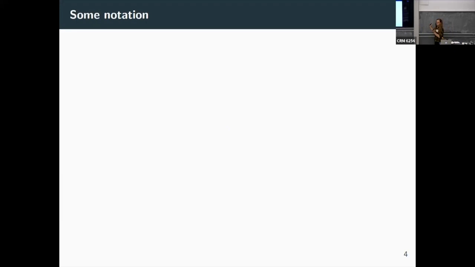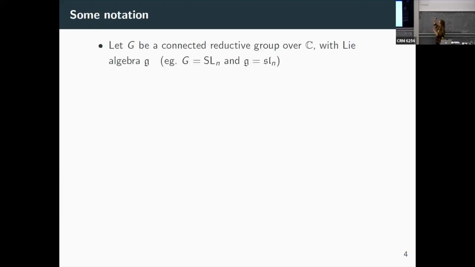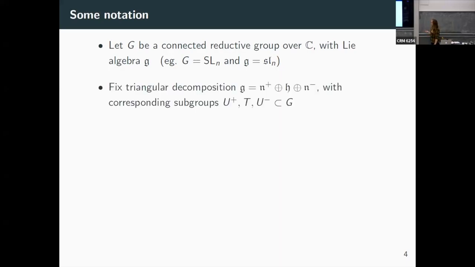First, let me do a little bit of setup, since this is a representation theory talk. So some standard notation, hopefully not too much. I'm going to work mostly with groups, not Lie algebras, so let G be some reductive group, for example SL_N, and little g, fraktur g, its Lie algebra. I'll want to pick a triangular decomposition, the usual pinning stuff.